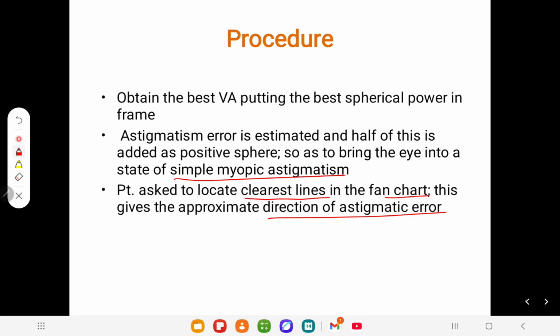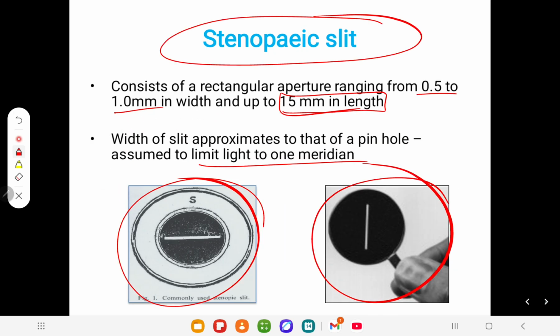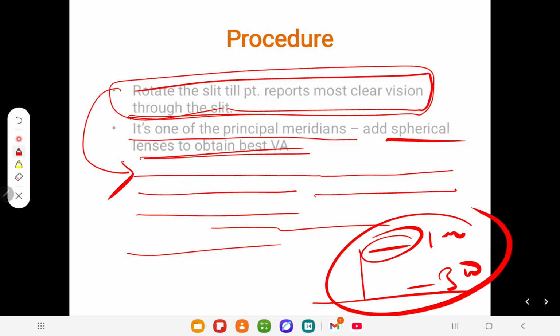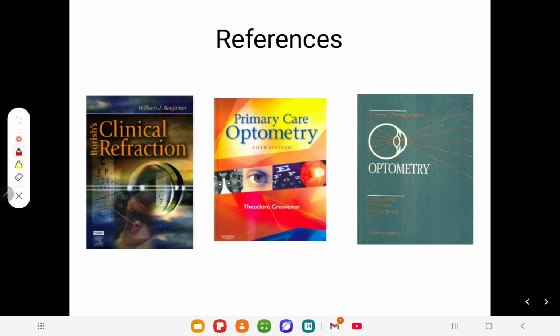See, I want to conclude it. So basically, in the case of testing under fog, it's very important to understand the concept of optics in fog. Basically, fog means you are bringing the two meridians in front of the retina, and then you slowly unfog, and the first meridian comes here and then here.